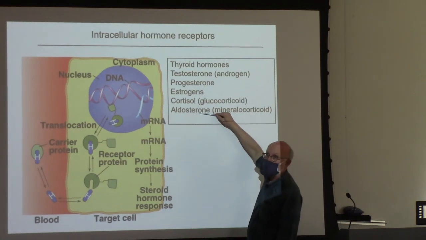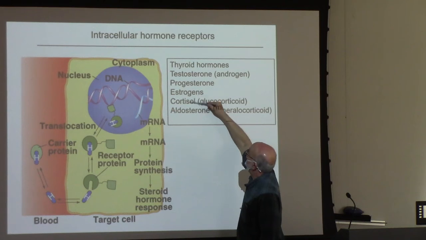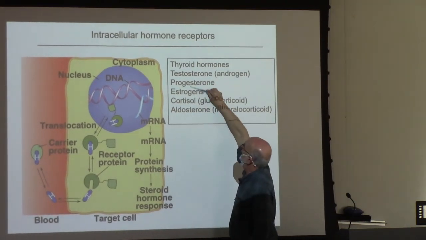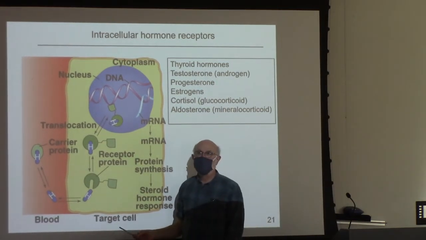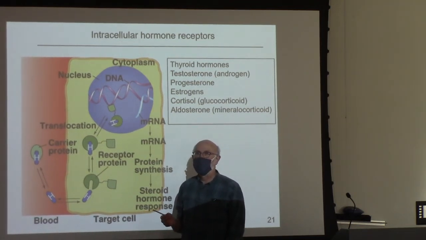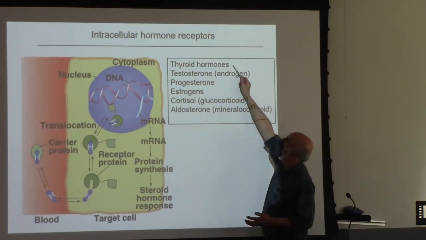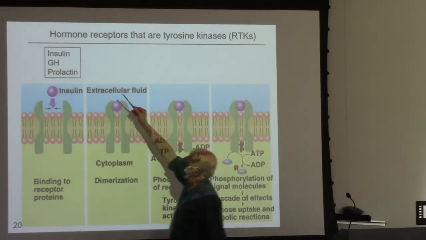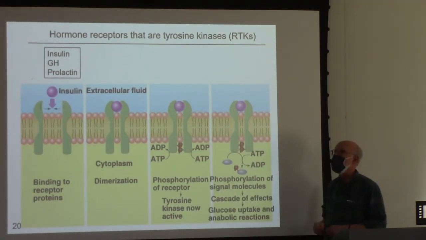All of the steroid hormones, the sex hormones, cortisol and aldosterone, all of the steroid hormones, and the thyroid hormones follow this story. So I think I could ask you to know that. So basically, if you know the steroid hormones, and you know the thyroid hormones, follow this story, and you know that these three hormones follow this story, then everything else is a GPCR.